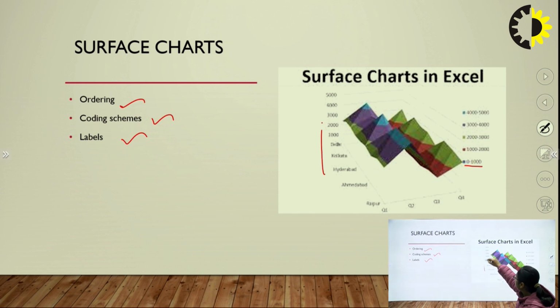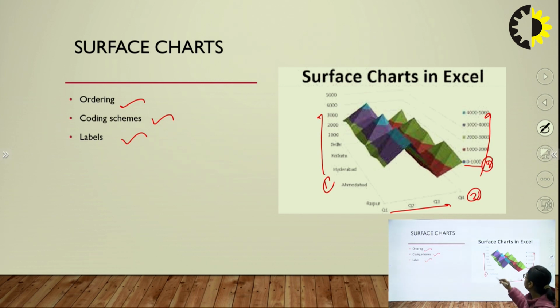This is the one axis, this is the second axis, and this is the third axis. Because the surface has 3 dimensions, based on the 3 dimensions we have to label the 3 axes: the first, the second, and the third axis. Based on the coding scheme, we find these. This is the x-axis, this is the y-axis, and this is the z-axis. So based on 3 axes, we find the surface chart.